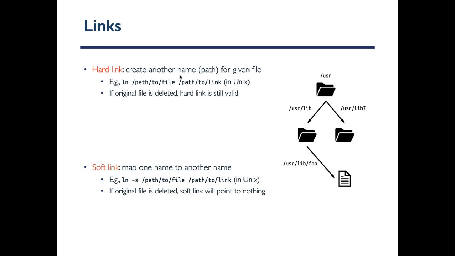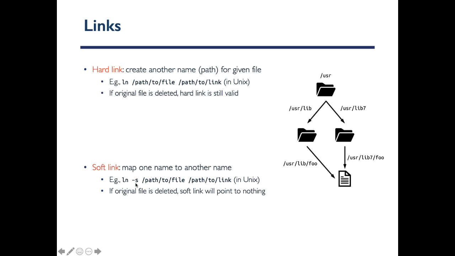So this would be the original name of your file, the path to the file, and then this would be the second name that you want to give that file. And this is how you can create it. Now with soft links, you just add a -s to say that this is a soft link.